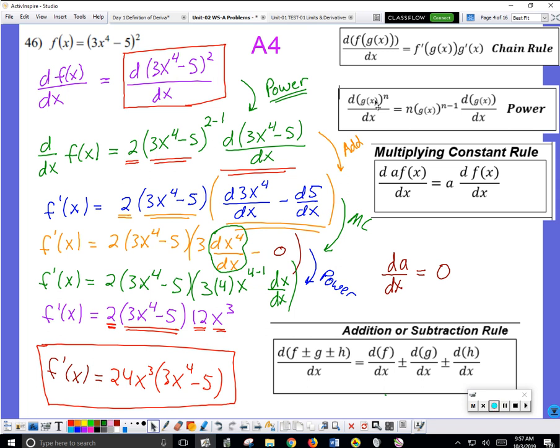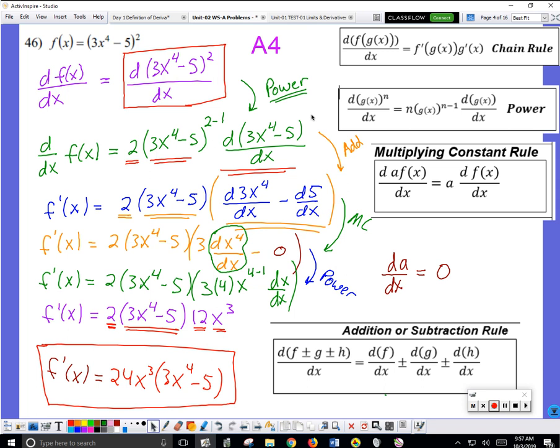In this rule, this could be any other kind of expression. It has nothing to do with this being out. So first thing I do, I think of this as being g squared, so the power rule works because it's g squared. Once I've used the power rule, I forget that. Done. I'm not thinking of g anymore. When I get to here, this could be g to the first power.